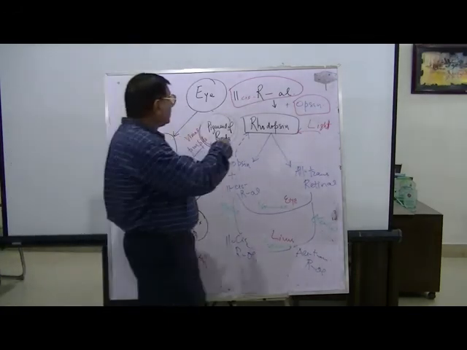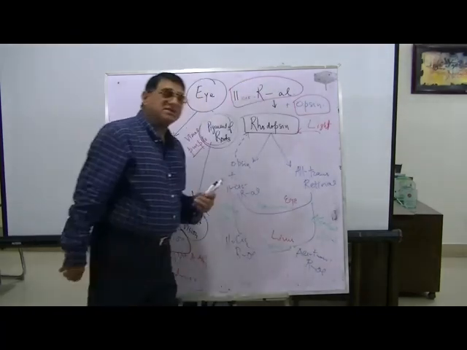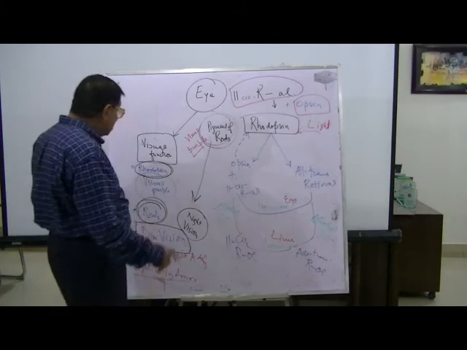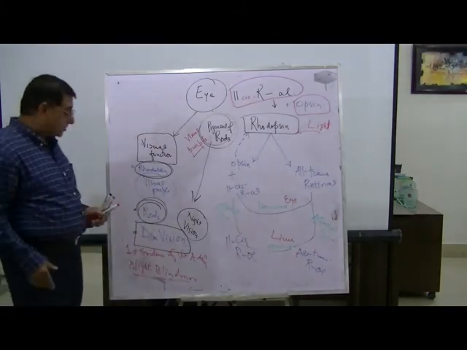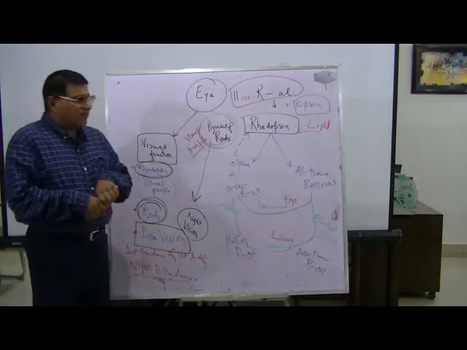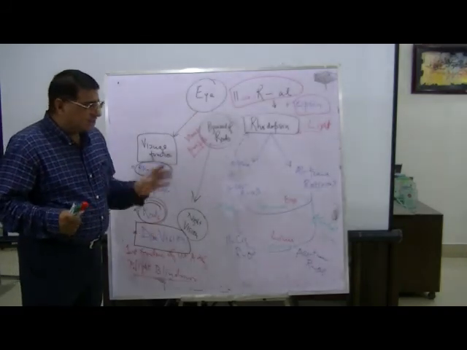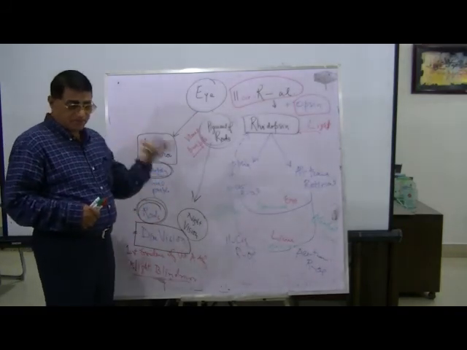So if there is deficiency of 11 cis retinol, deficiency of vitamin A, then the earliest sign the patient will come to you with is that when the light is less, as in the evenings, he cannot see properly.